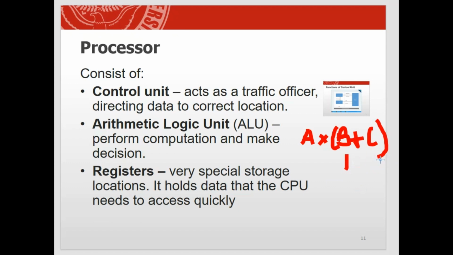So, let's say A is 2, B is 1, and C is 1. So, ang uunahin na pag-calculate is si B plus C. So, this is 2. So, nakuha na si 2. So, si 2 will be stored sa register. Diyan mo na siya isi-store. Ayan. Then, after that, kunin siya sa register and i-multiply na with the remaining values. So, 2 times 2 equals 4. So, yun. Ganun ang purpose ni register. So, it is faster for ALU to access the register than to store the data in memory units.